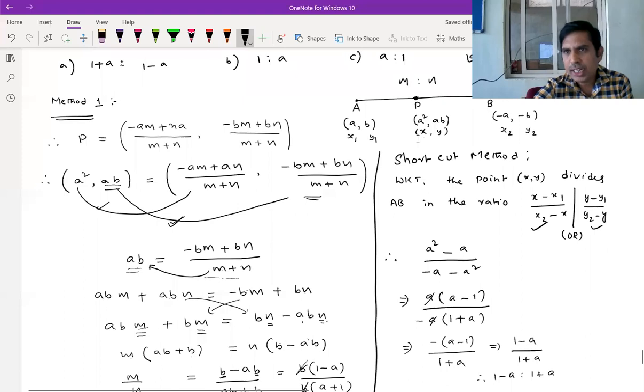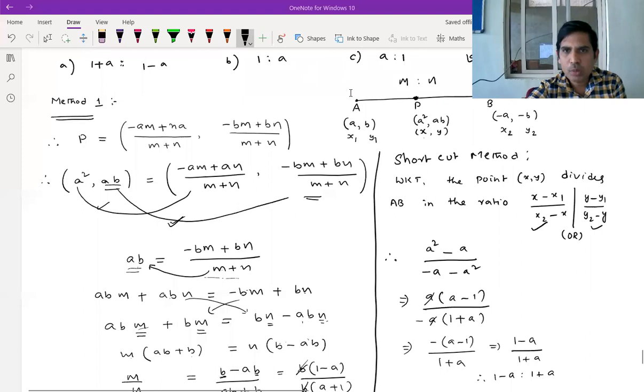Suppose this point P is taken as x comma y: x minus x1 is a square minus a, x2 minus x is minus a minus a square. In the numerator a taken common, in the denominator minus a taken common. So a gets cancelled, this remains, and if you multiply the minus inside you will get 1 minus a by 1 plus a.